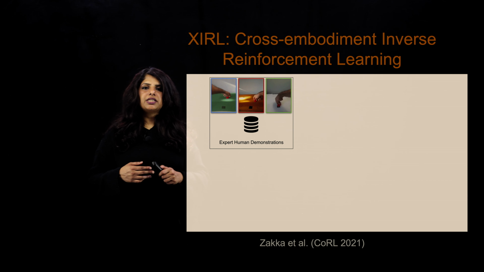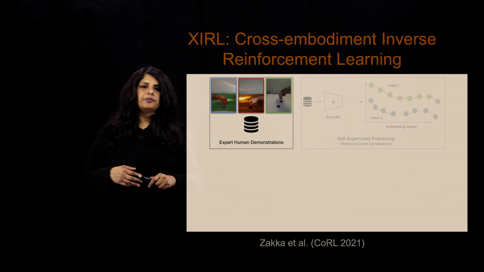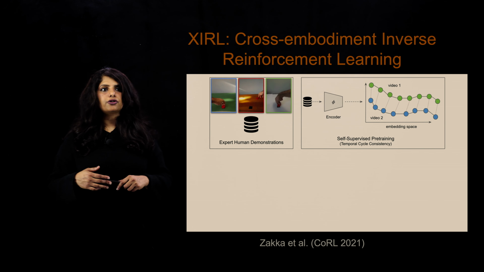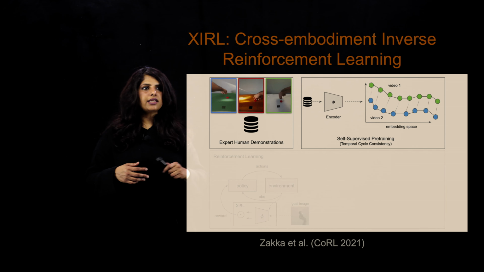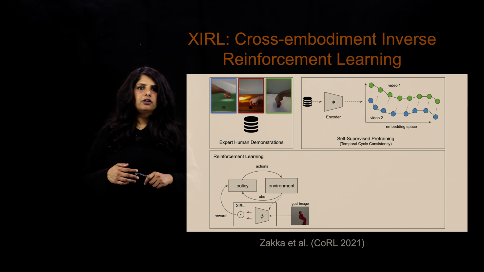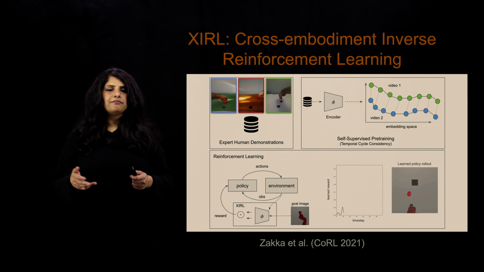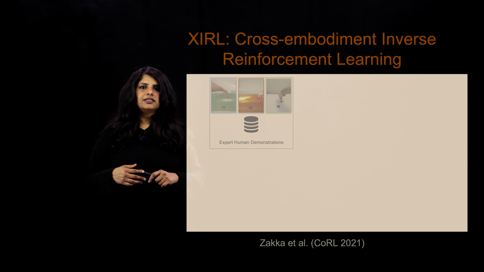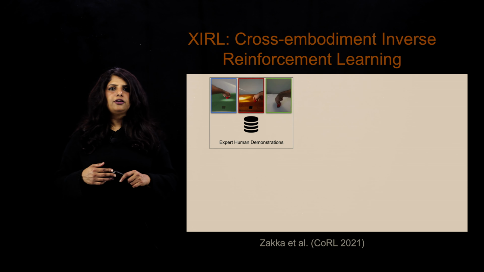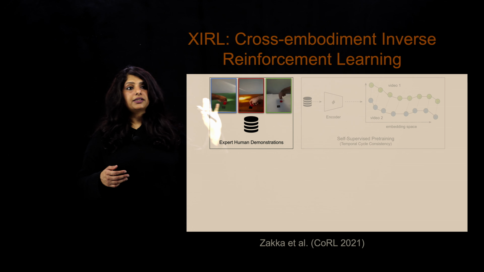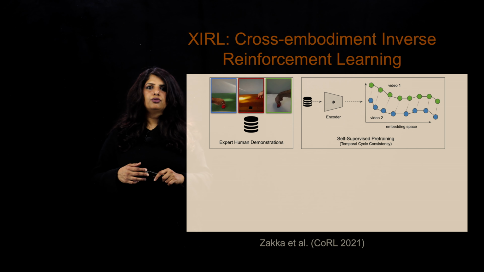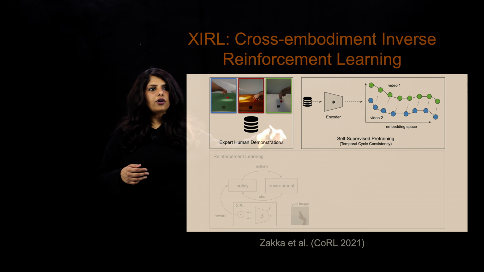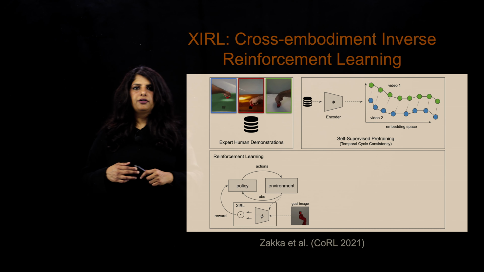One last project in the inverse reinforcement learning realm that could be interesting for us to talk about is this cross-embodiment inverse reinforcement learning project that comes from DeepMind from back in 2021. Here, the idea is for us to make use of task progress as a way to identify what type of reward we'll be able to recover.